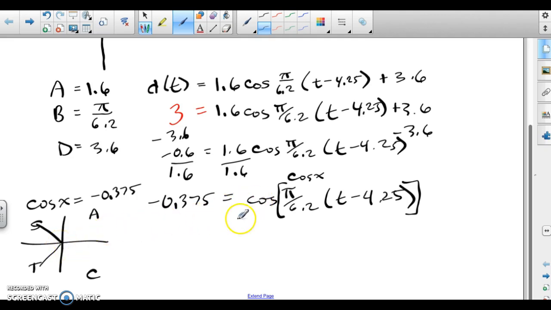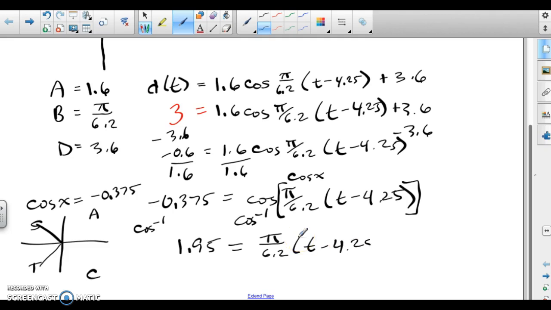So when we arc cosine both sides, we end up getting that the arc cosine of negative 0.375 is 1.95 equals, on the right side, all we're left with is pi over 6.2 times t minus 4.25. So this radian measure is 1.95 right here.